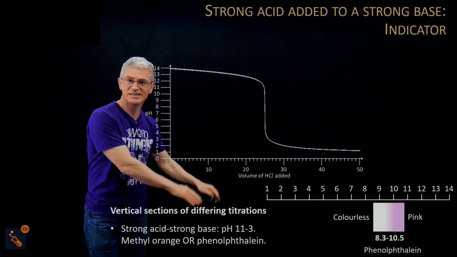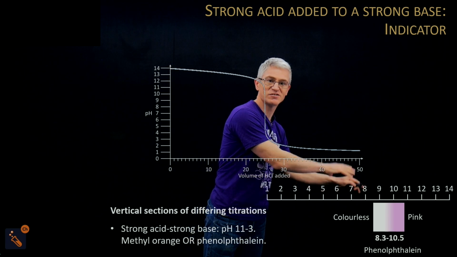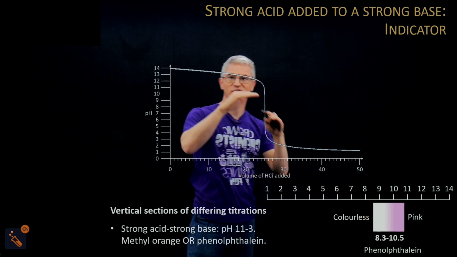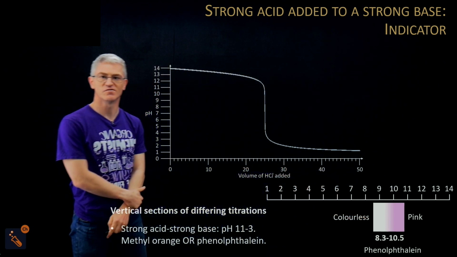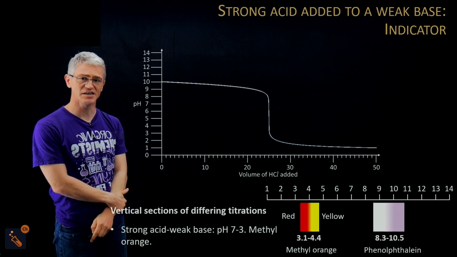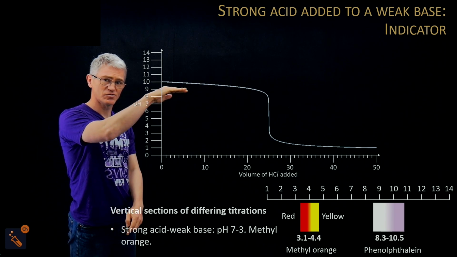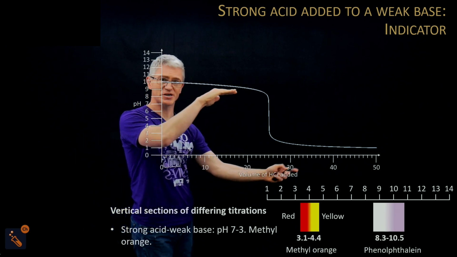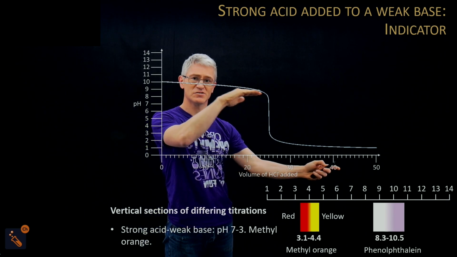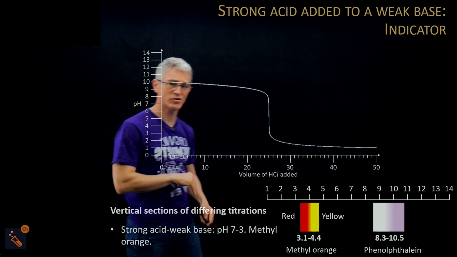And that's what I mean by, is it within the vertical section range? Is the range in which it changes colour, which is 8.3 to 10.5, in the vertical range of this titration? If we change it here, we're looking at a different one. We're now looking at a weak base, and adding to that weak base is a strong acid. So weak base, because it's around about 10, strong acid, it's around about 1.